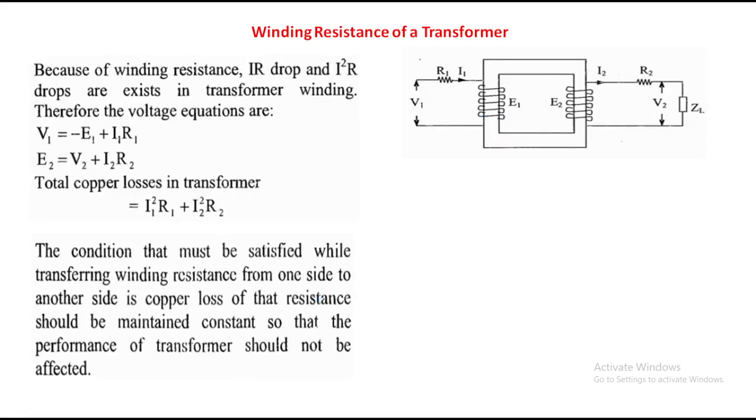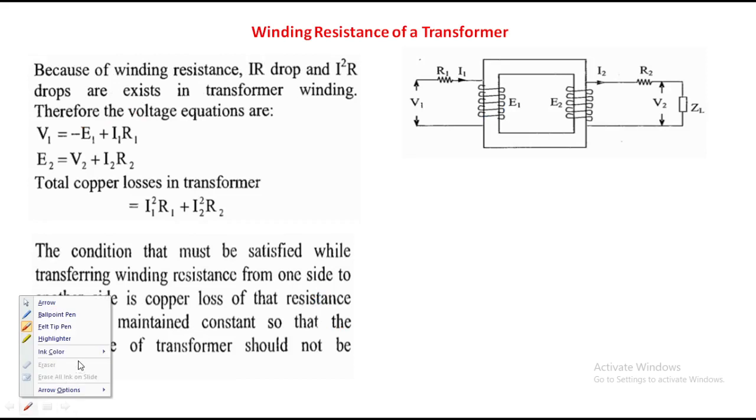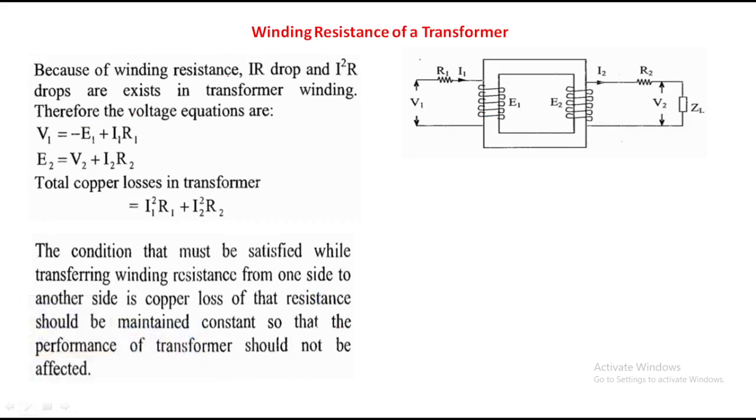Then what is happening because of the winding resistance? Obviously whenever there is a resistance in any winding, because of that winding resistance we have a voltage drop. When we provide the supply voltage, the current through the branch is I1, so I1 into R1 is nothing but the IR drop.